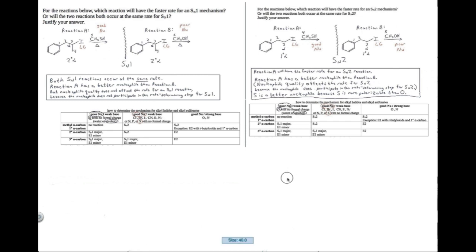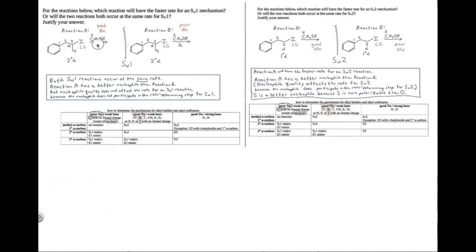It's important for you to compare our answer for this problem with the answer from the previous problem. These two problems seemed very similar, but they had quite different answers. In both cases, reaction A had the better nucleophile.